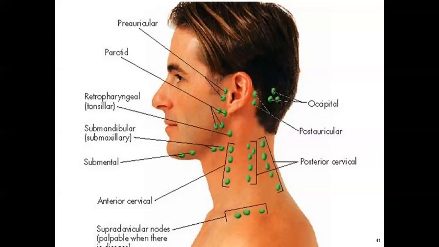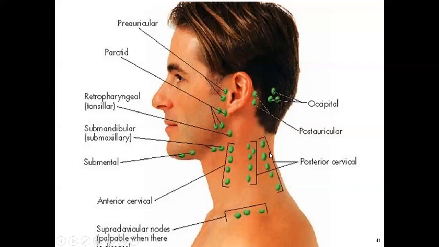All together we call it the cervical lymph node chain. The anterior chain runs along the sternocleidomastoid muscle, along the pharynx or tonsil.